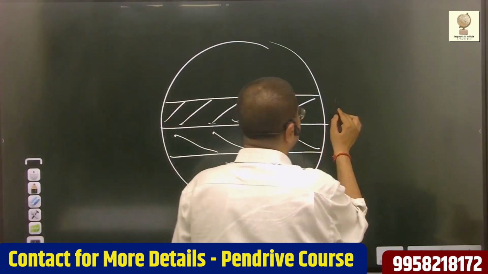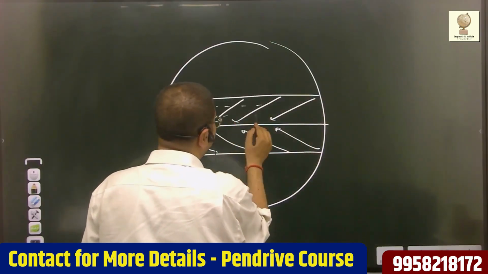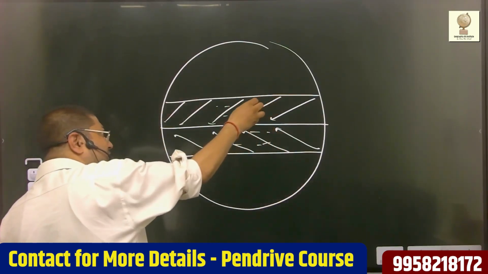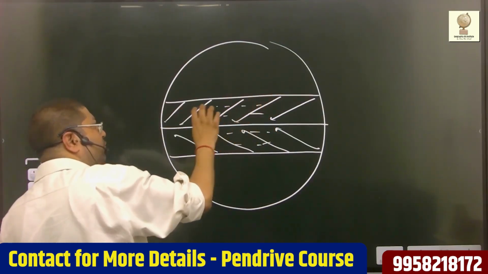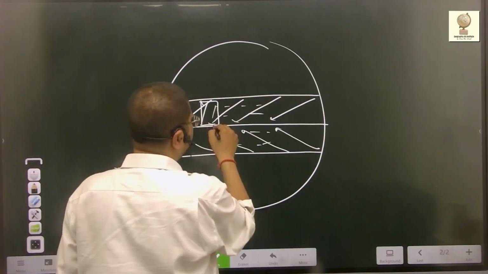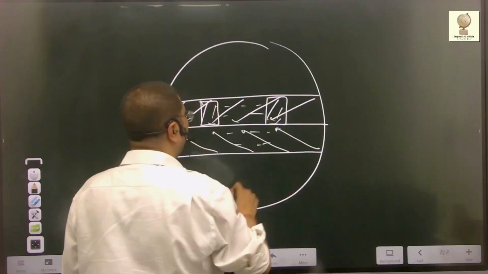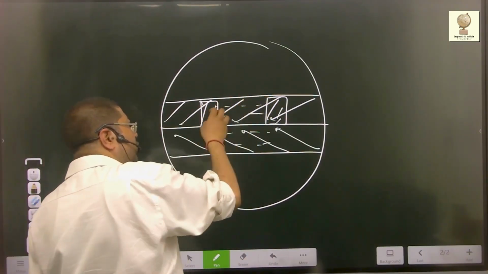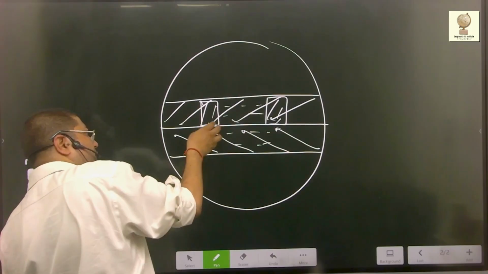While blowing over sea, they drag the warm surface water from the eastern part of the ocean to the western part of the ocean. मान लो यहाँ पर कोई एक continent है, this is one continent, this is another continent.